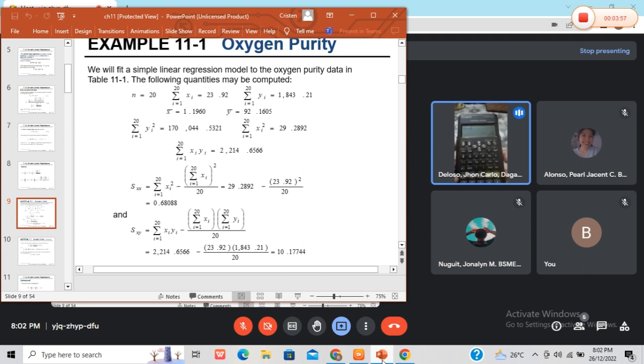So minus, repeat again, we press shift 1, sum, and then summation of x, which is 2, and then summation of y divided by 20. So the same answer again, 10.17744. And that is how to come up with that answer using our calculator.